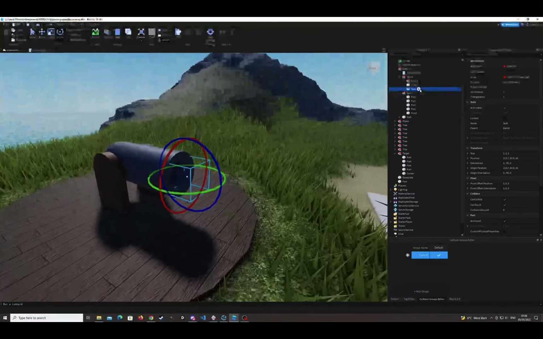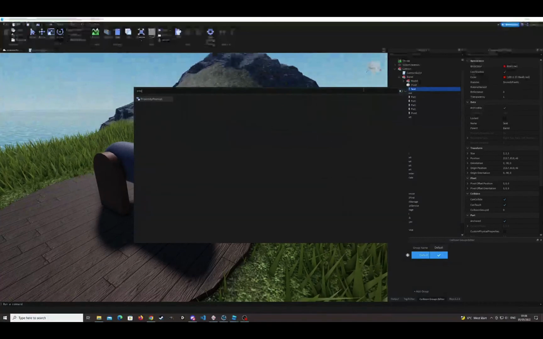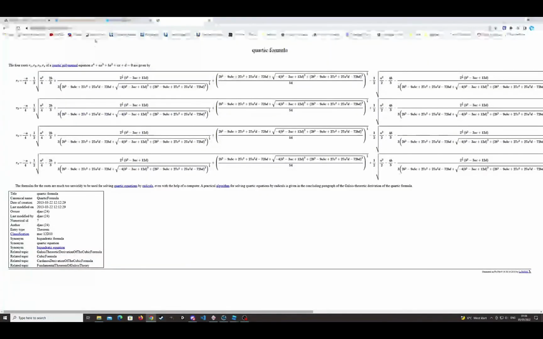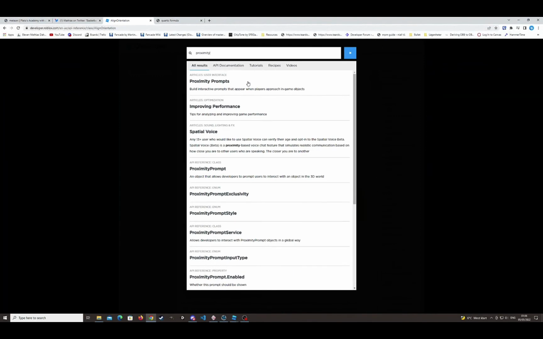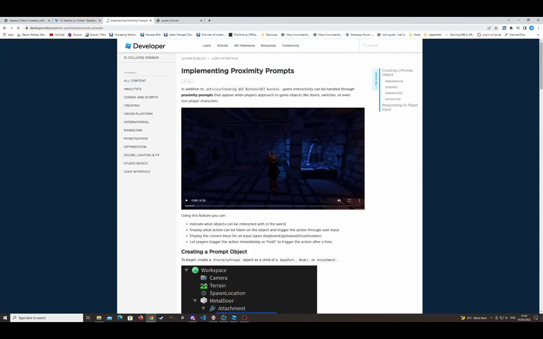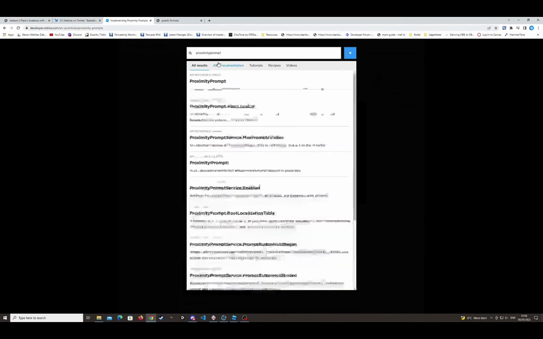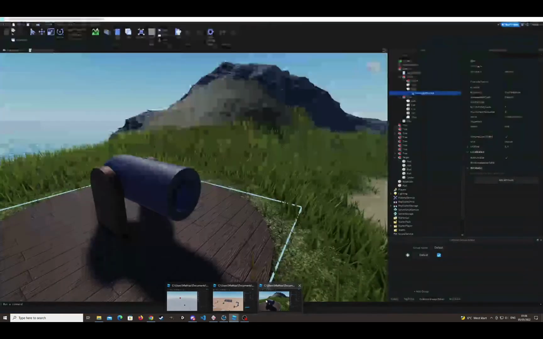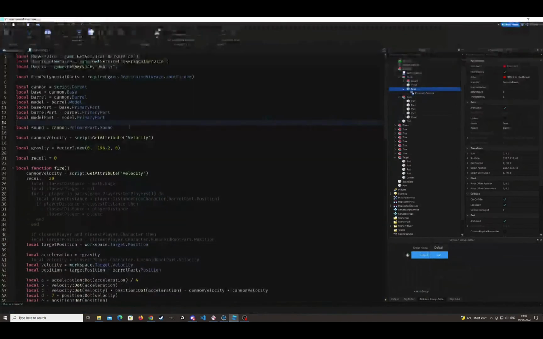Okay. So maybe I'll start with a proximity prompt. I haven't actually used these before. No, that's not what I want. Okay, that's not too bad. Yep, so if we have a proximity prompt in there, I guess we could define the seat.